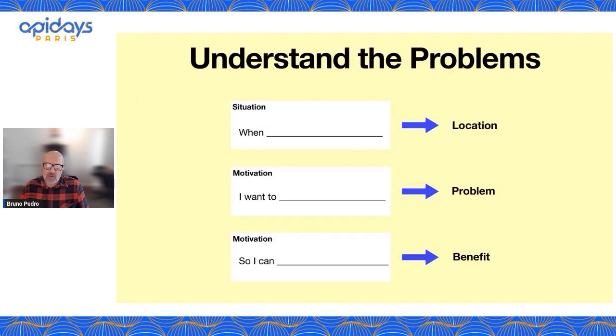So one of them is understanding the problems that your potential users have. You can use here something called the jobs to be done framework, where you can break each one of the problems that the potential user has into 3 parts: understanding the situation, the motivation, and what they need to do, basically.